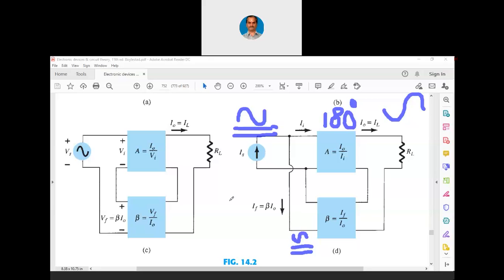Now, if you want it to be a positive feedback, then the feedback network has to introduce an additional 180-degree phase shift. I am writing with the mouse with a lot of difficulty. But we are not discussing that right now. That comes only in oscillators. At that time, let me discuss positive feedback. Otherwise, all these four circuits are basically for negative feedback. I hope you got the answer.